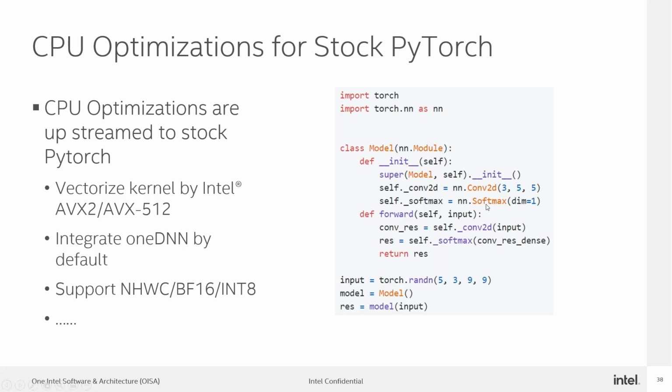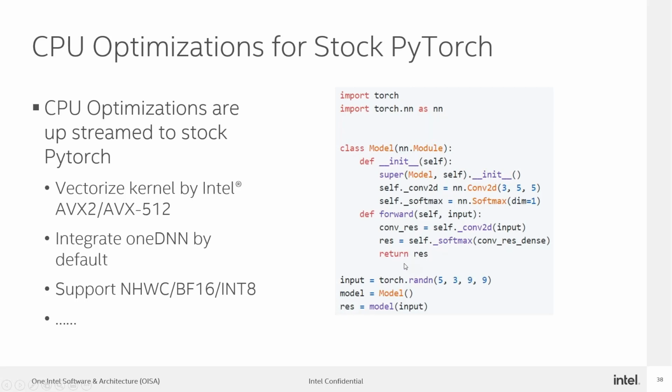In the forward function, we take the input data parameter. This is the input data. We put that into the conv2d operator and get its output. Then we put its output into the softmax for computation, and we return the output of softmax as the output of this model.